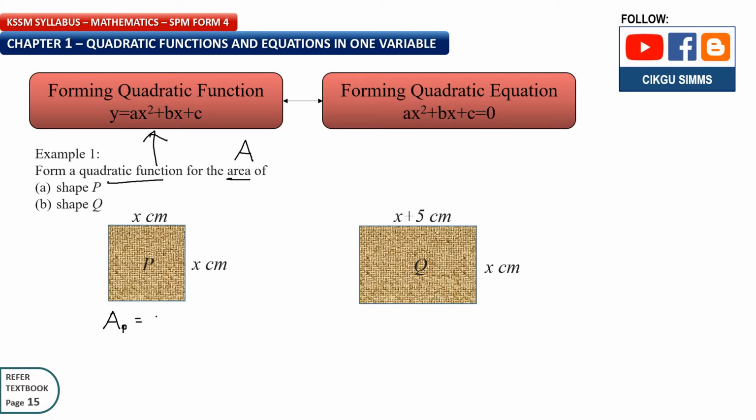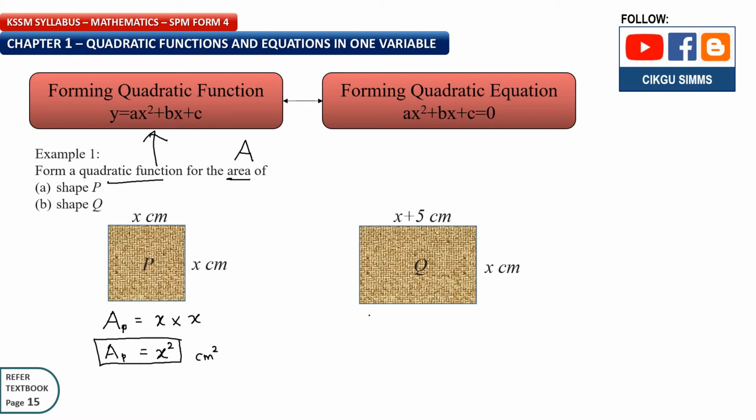So x times x, you get x squared. So this is the quadratic function. You can write a unit here, because cm times cm gives cm squared. This is the unit.